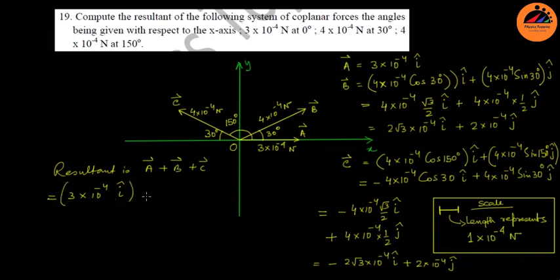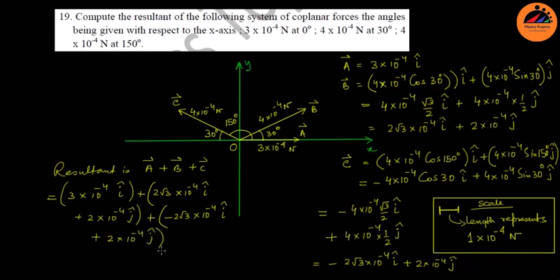So this is a plus b: 2 root 3 into 10 to the power of minus 4 I cap plus 2 into 10 to the power of minus 4 j cap plus minus 2 root 3 into 10 to the power of minus 4 I cap plus 2 into 10 to the power of minus 4 j cap.